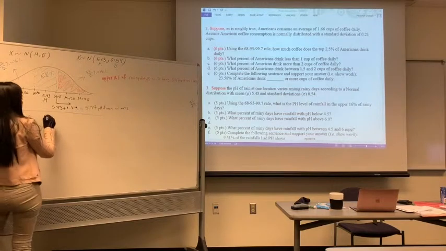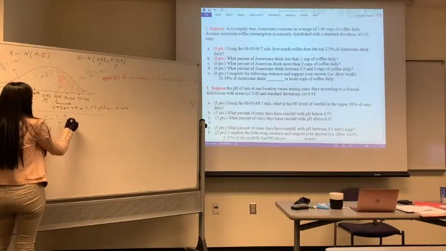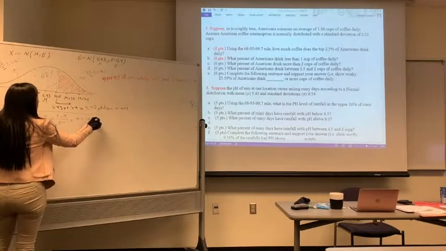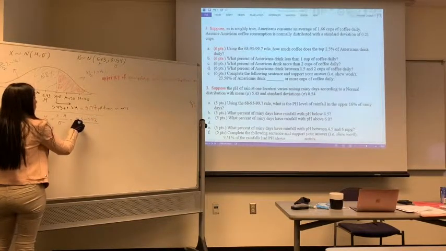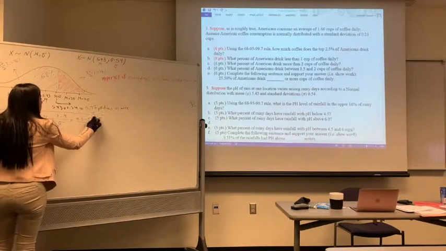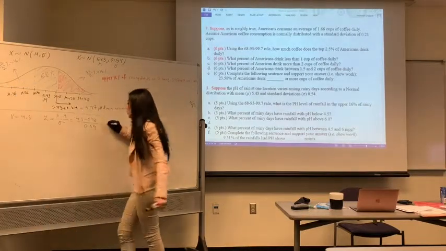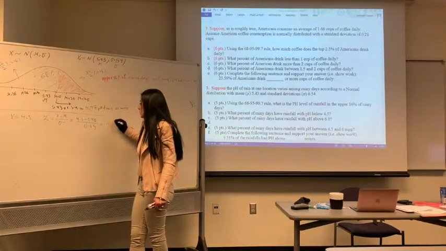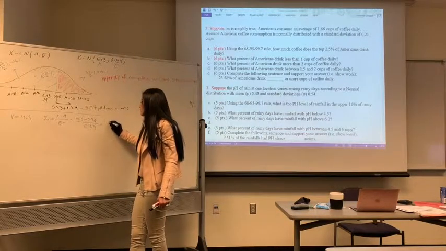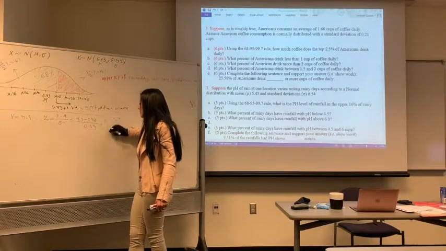We should find the z value for this x, which is x minus mu divided by sigma, 4.5 minus 5.43, right? So what is the z value? 1.06. Is this correct, everyone? Did you find the same thing?